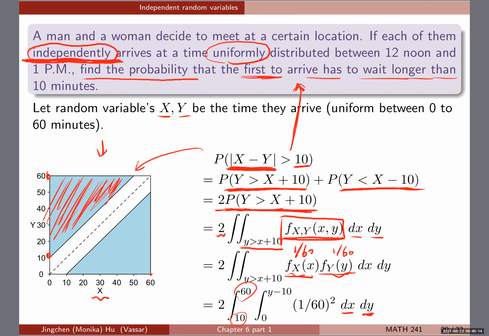For a given y, if you're looking at x, the upper bound is this line and the lower bound is this line. So the upper bound is y minus 10, that's what that line is, and the lower bound is 0 in terms of x. Eventually, if you do this, you're going to get 25/36. Hopefully that makes sense.